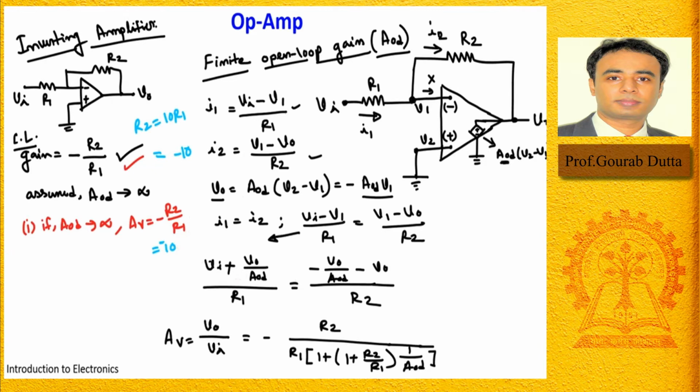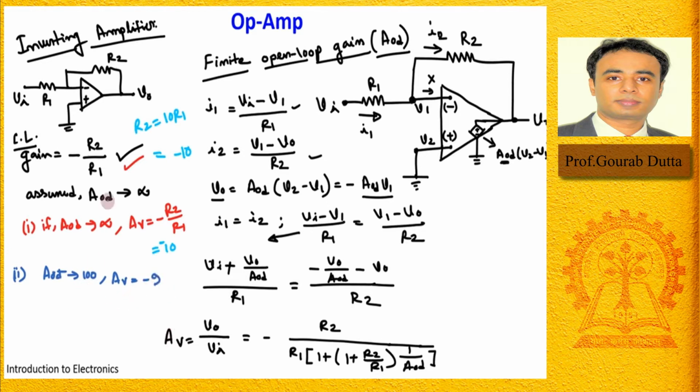Okay. But now let us consider some other value. For example, let us say that this AOD value is 100. So if you consider AOD value 100 here, and if you put R2 by R1 as 10, okay, then if you calculate it, you will find that this gain will come out to be minus 9, right?